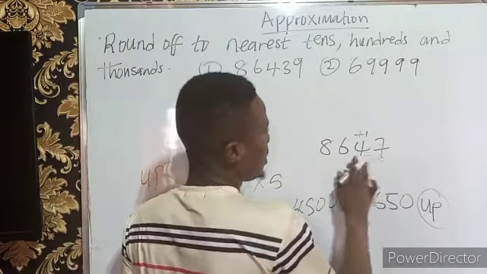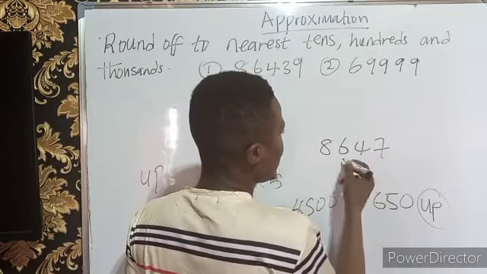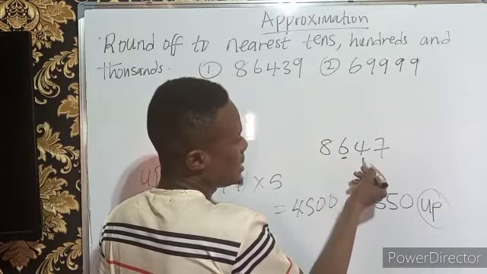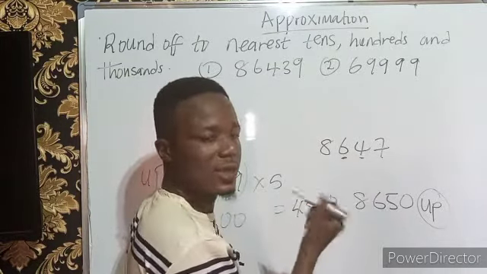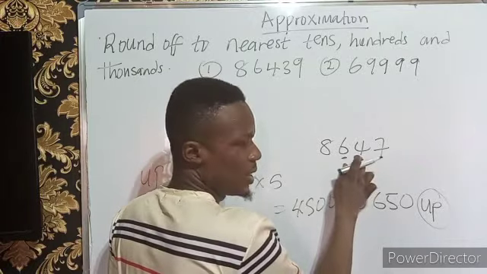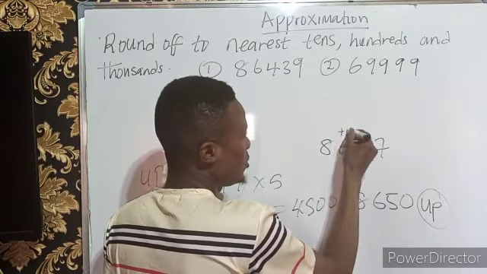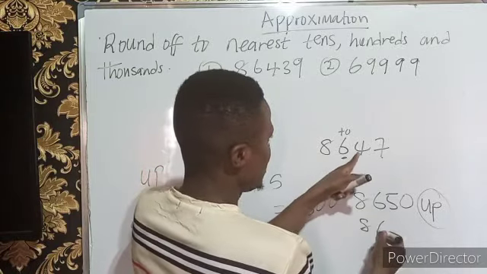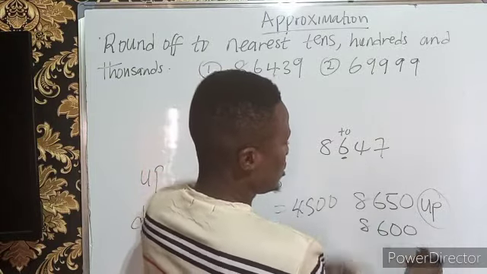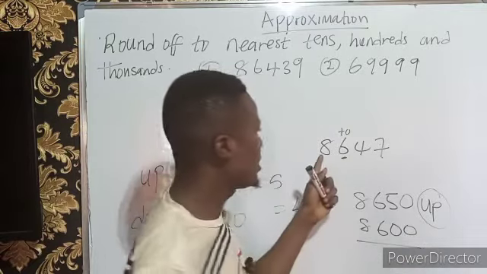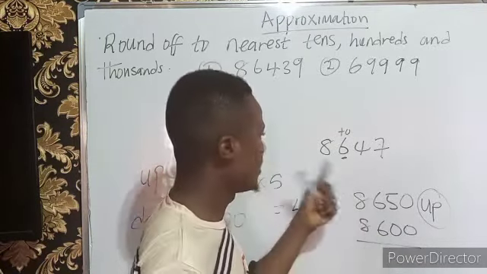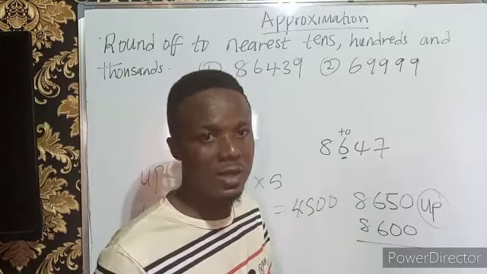But take a look here. If this is my target now, you can see that the number next to my target is not up to 5. I'm having 4 here. Therefore, I'll add 0 or nothing. When that happens, it will now be 86. Every other number that is remaining will turn to 0. So you see that I've made 8,647 to be 8,600 by approximating it or by rounding it off.